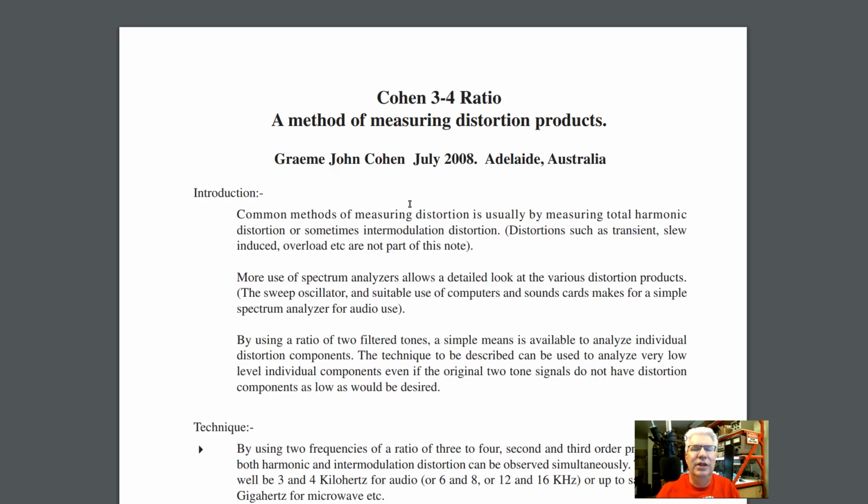This is from 2008, by a guy from Australia, and he talks about choosing your frequencies such that they are not 100 and 200 or something like that, but there's a nice characteristic of choosing a 3 and a 4, whether you're at 30 hertz and 40 hertz, 300 and 400, 3000 and 4000, 3 megahertz and 4 megahertz, whatever it is. The way that the intermodulation frequencies are generated makes them very easy to find in the spectrum.